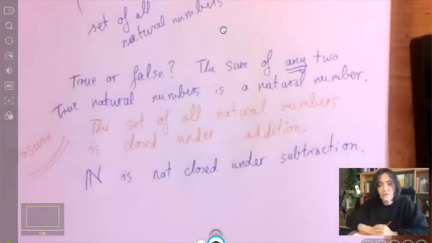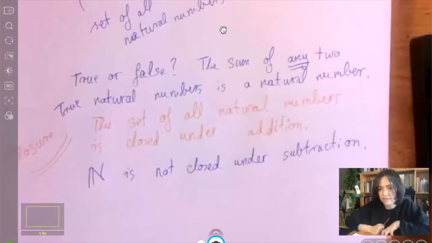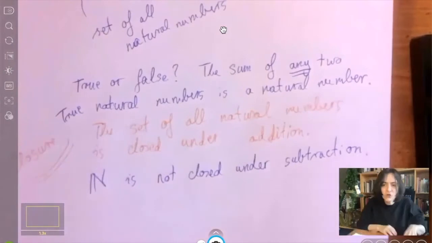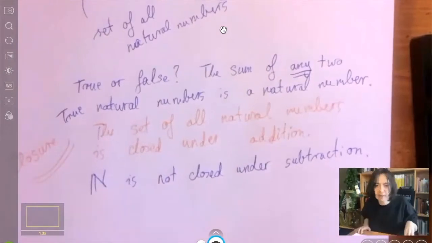So name another operation that N is closed under. So find another operation that the set of all natural numbers is closed under. Multiplication. Very good. There is this recurring theme that addition, multiplication good, division, subtraction bad. They have bad properties.